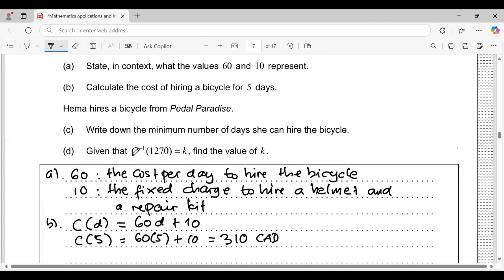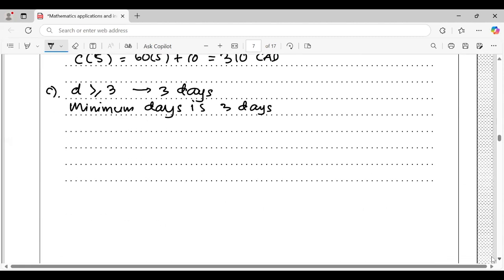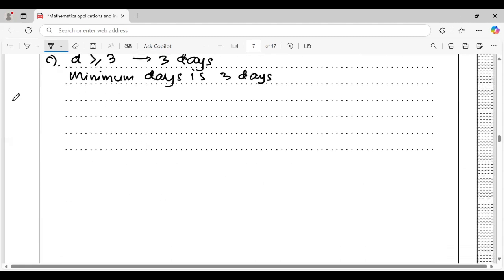Next question, D. Given that C inverse of 1270 equals K, find the value of K. C inverse of 1270 equals K represents the inverse of the cost function of this problem.